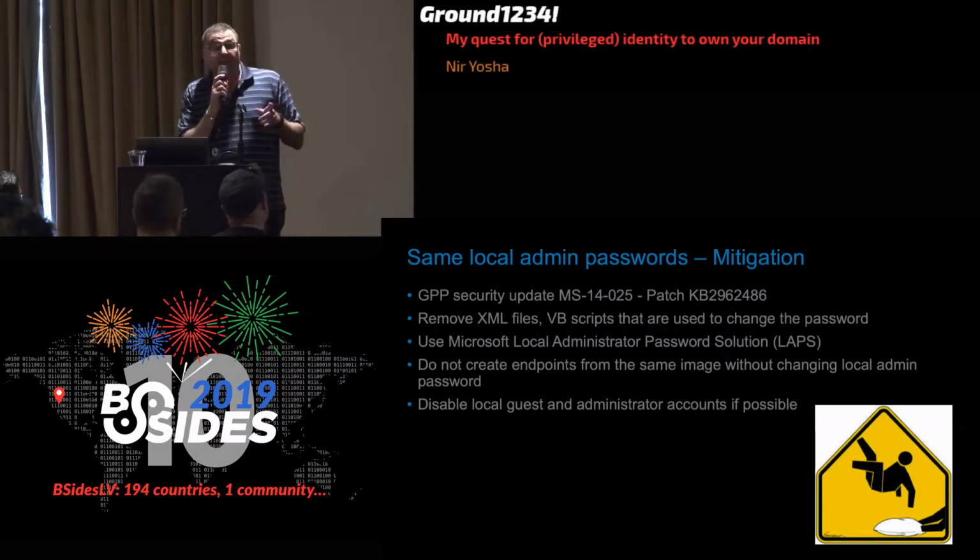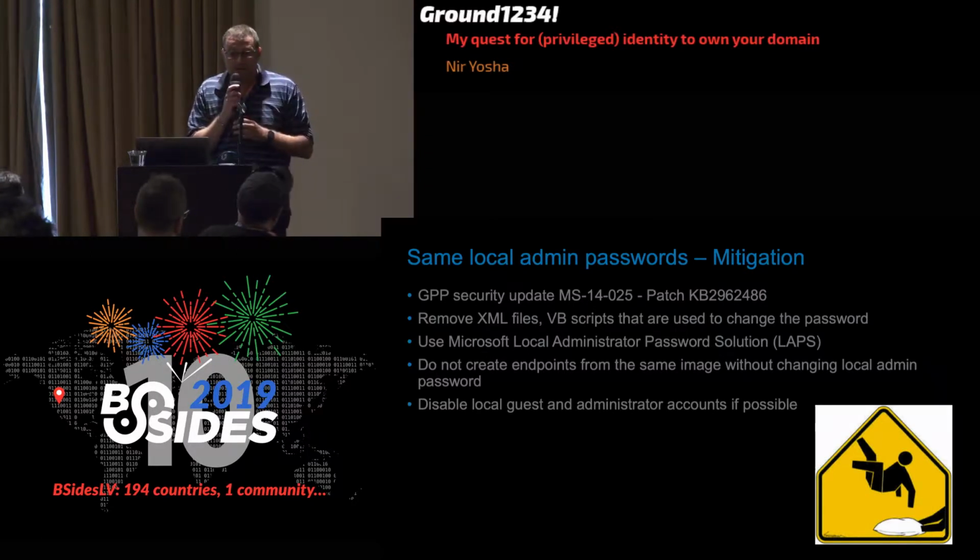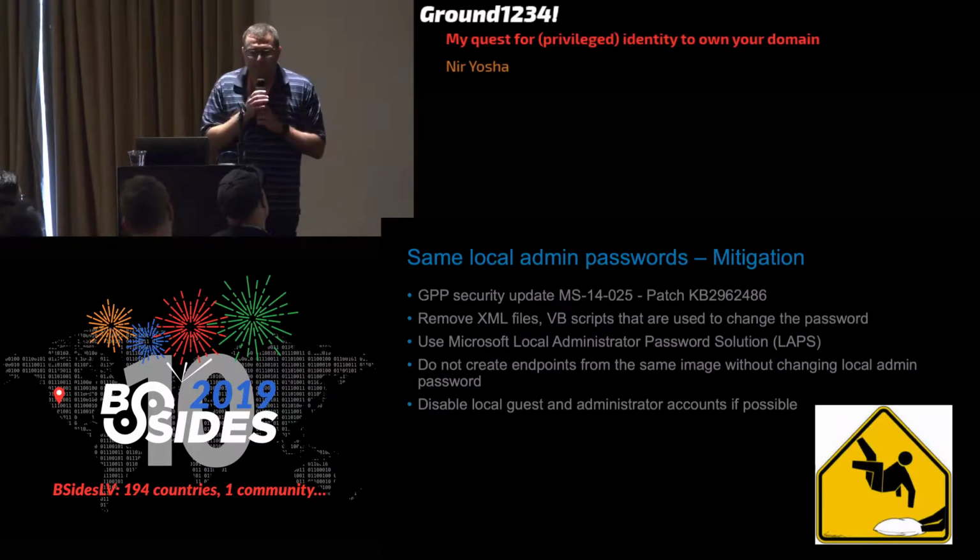Other things we see is, obviously, a lot of endpoints today are being provisioned from an image file. And so the image has a specific local admin password, and if we can detect that the boot timestamp is similar between two machines, there's a chance that the local administrator password is the same as well. That makes sense?